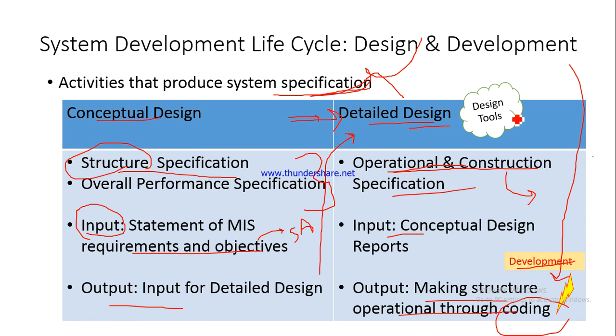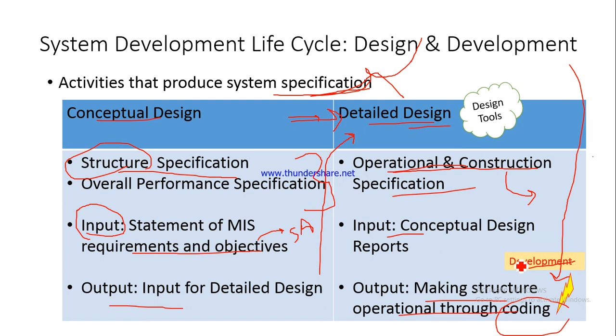But these design tools are there for the system designer, and using these design tools he'll do the detailed designing, and this detailed design will act as an input for the programmer, the software programmer, the person who will be doing the coding, the person who will be actually writing the software programs or the computer instructions in technical language, which we know as the development stage, right?